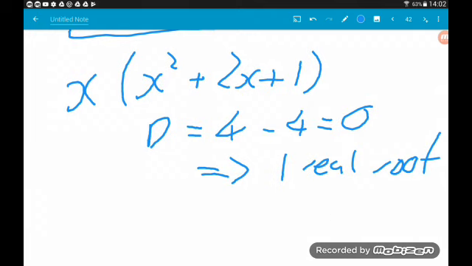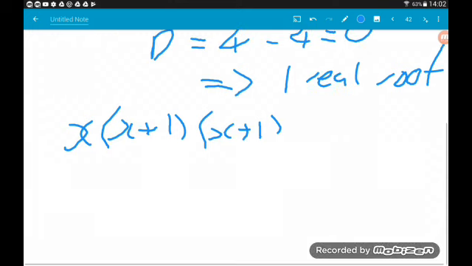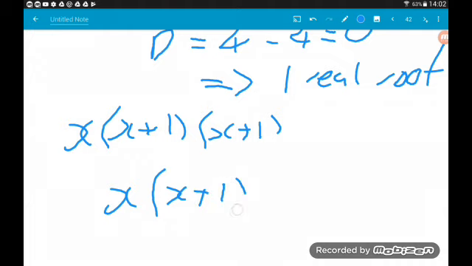So, can we factorise that quadratic? Yes, we can. It's going to be x plus 1 times x plus 1. Now we can write that as x lots of x plus 1 squared. You don't have to, you can if you want to.